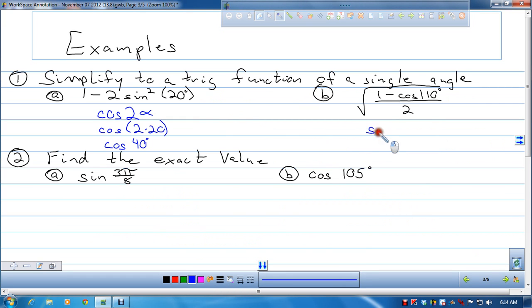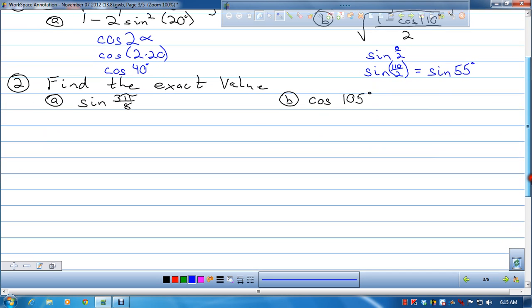So this is equal to the sine half angle, where my theta is 110, so 110 over 2. Put those in parentheses, so as a single angle this is sine of 55 degrees.